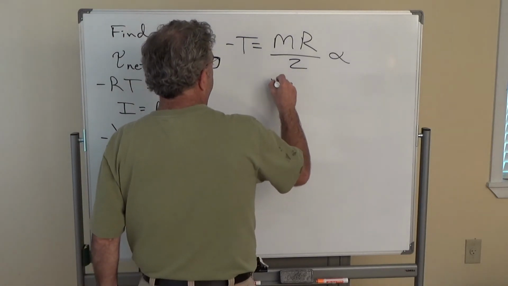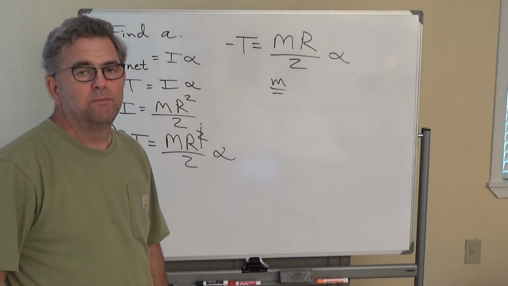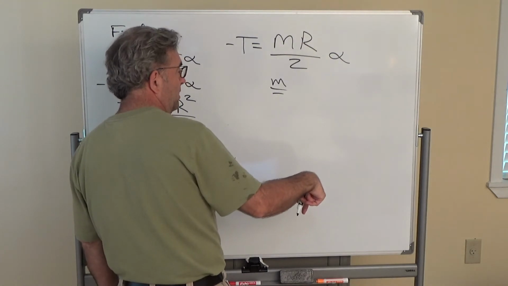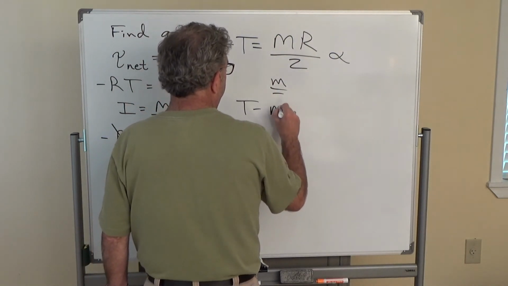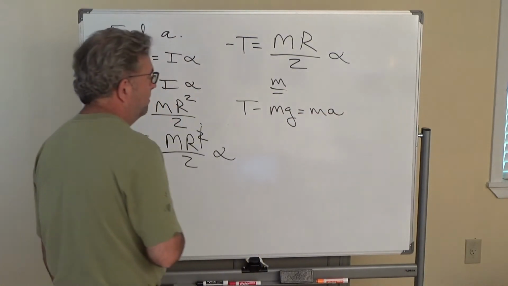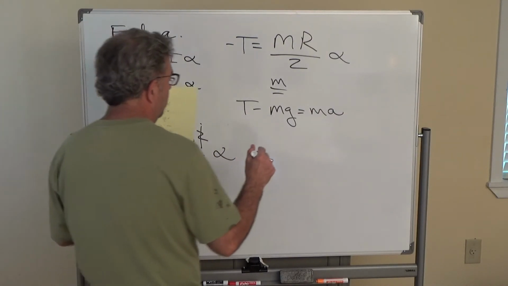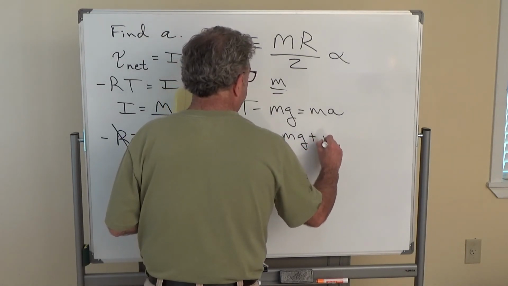For little m, I know I already erased it, but remember, down was negative, up was positive, so T minus little mg is equal to little ma. That's easy enough. So T is equal to mg plus ma.